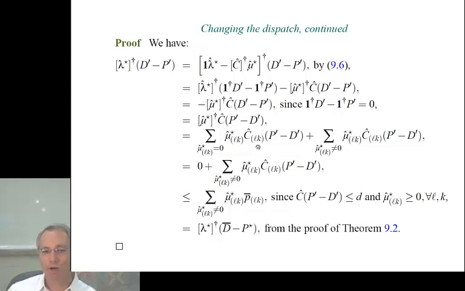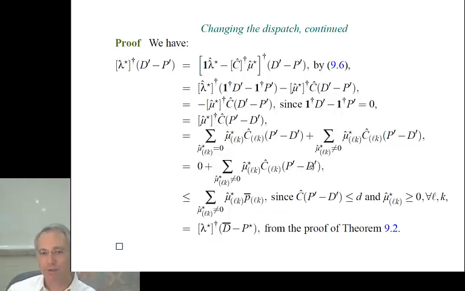Again, we're going to separate it into terms where the Lagrange multipliers are 0 and terms where the Lagrange multipliers are non-zero. For the terms where the Lagrange multipliers are 0, that zeroes out that first summation. For the terms where the Lagrange multipliers are non-zero, we've got a sum over non-zero Lagrange multipliers of a term that's the corresponding row times P prime minus D prime.